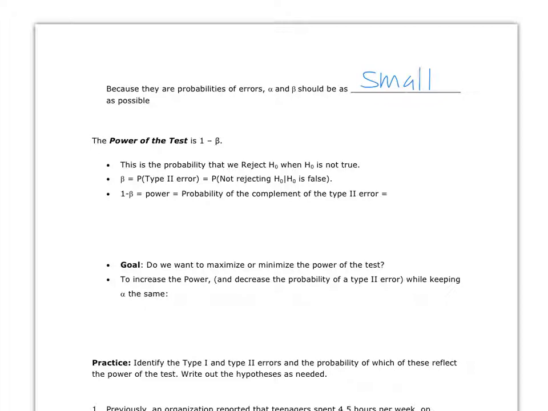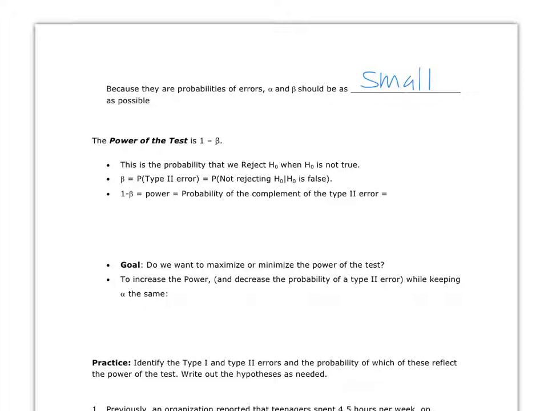If we calculate a specific value, then we can write down the power of the test. The power of the test is the probability that we reject the null hypothesis when it is not true. So it's giving us the probability of something that is a correct outcome, a correct conclusion.